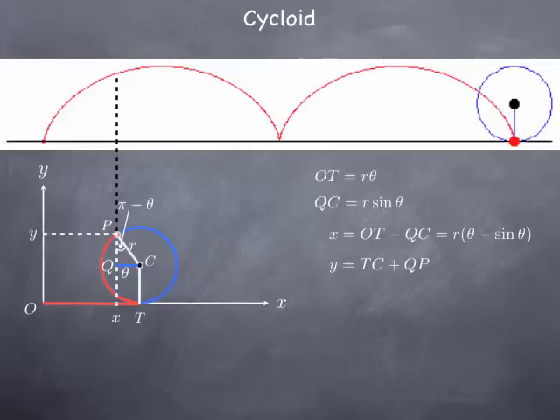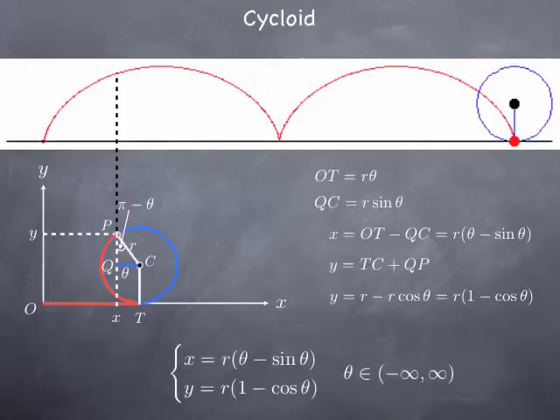This is the adjacent side in our triangle, and therefore its length is r multiplied by the cosine of pi minus theta. The cosine of pi minus theta is negative cosine of theta. Therefore what we obtain is r for TC and negative r cosine theta for QP, and factoring out r, we get r times 1 minus cosine theta. And this way we found a pair of parametric equations for the cycloid.